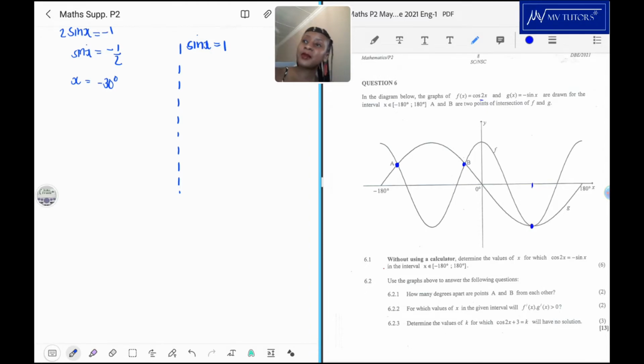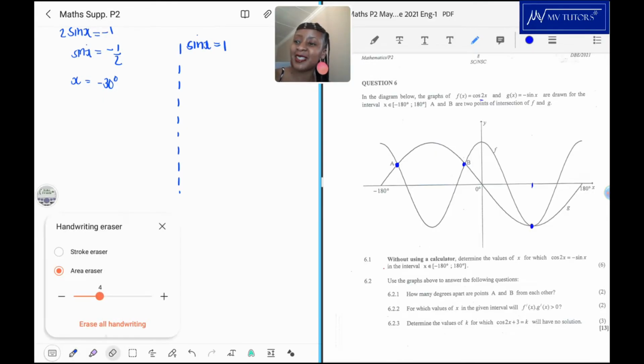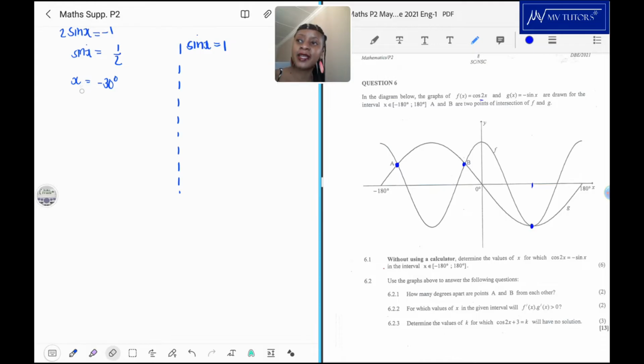Alrighty, so without even looking at this negative here, let's just hide the negative. If I hide the negative, I know that sine is positive in the first and the second quadrant.